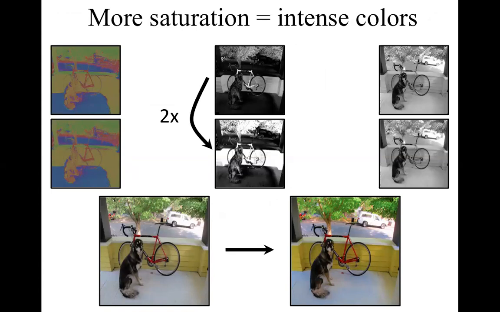So for example, if you double the saturation of your pixels, you will obtain more intense colors. You just modify the saturation channel of the input image, and you obtain this much more vivid image. It looks more yellow and more vivid.